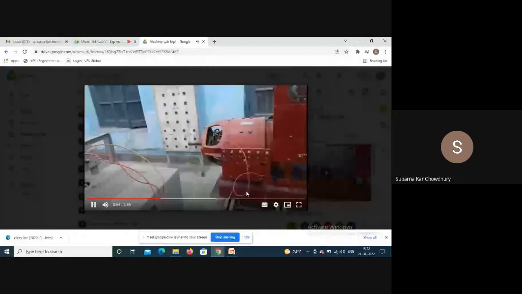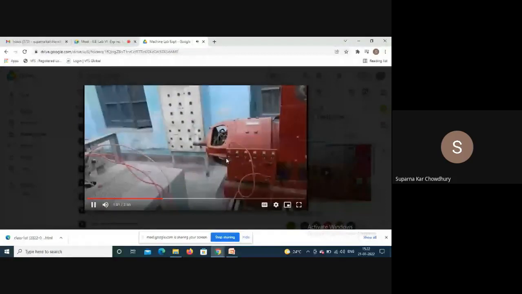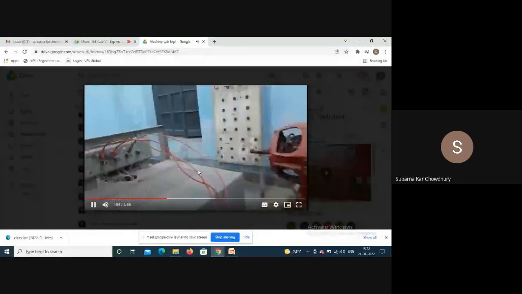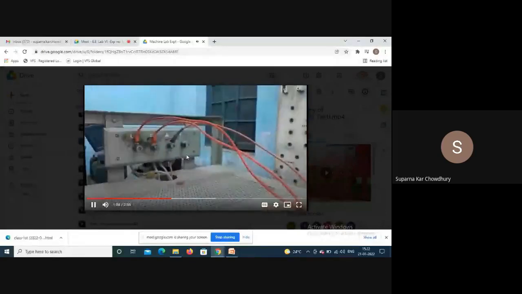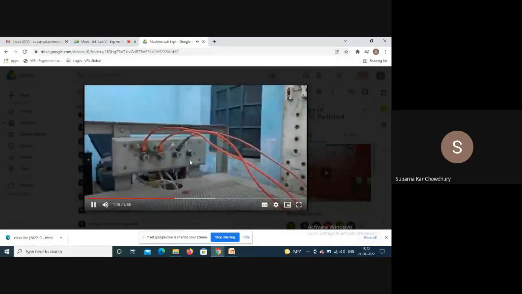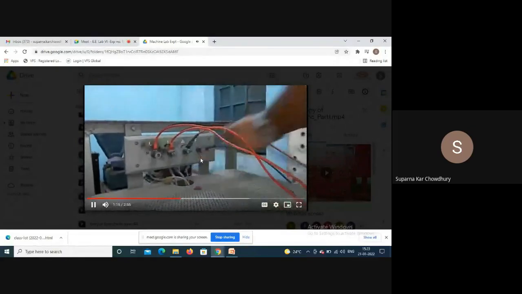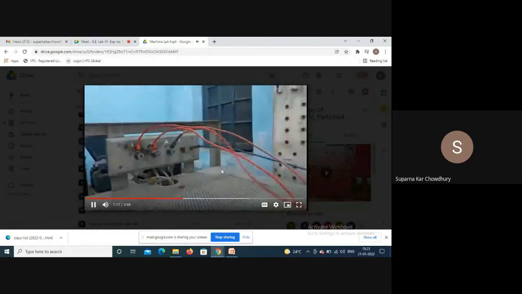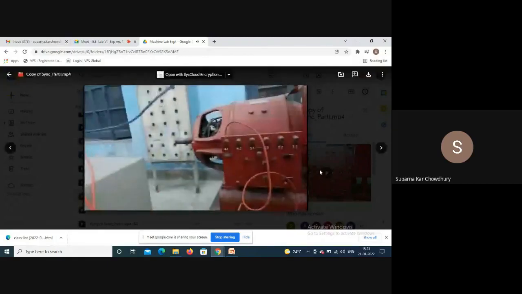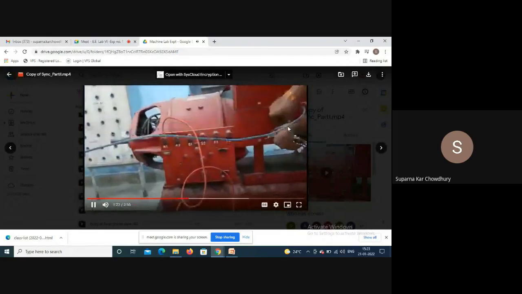So this is the armature connection. This is the field terminal of the starter. So from here we go to the rheostat here.